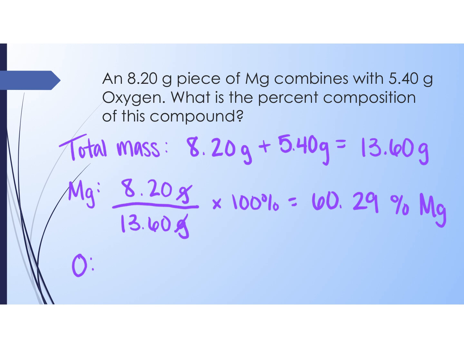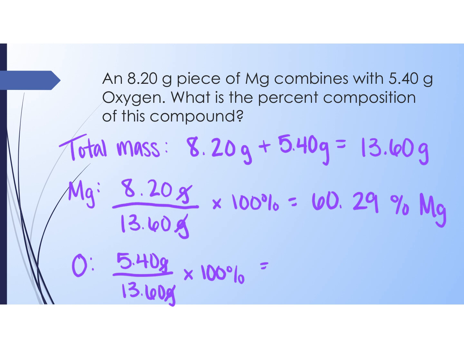This time we're taking the mass of oxygen divided by the total mass. So what's the mass of oxygen? 5.40. Okay, so we have 5.40 grams divided by the total, which is? 13.60 grams. Divide those and get an answer, then go ahead and multiply it by 100%. And then all of you, make sure you're dividing these on your own.